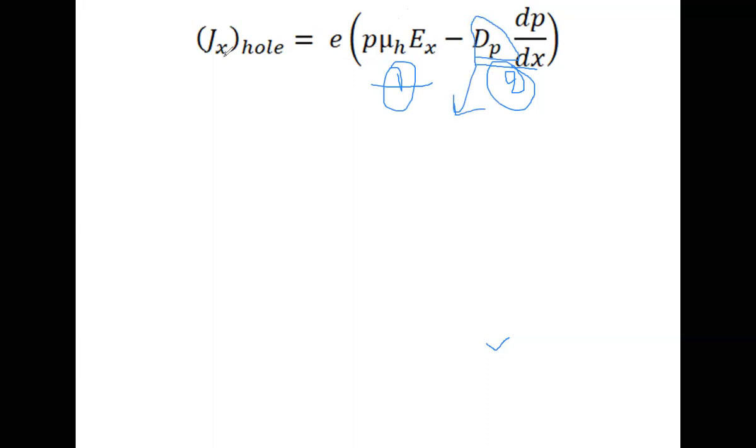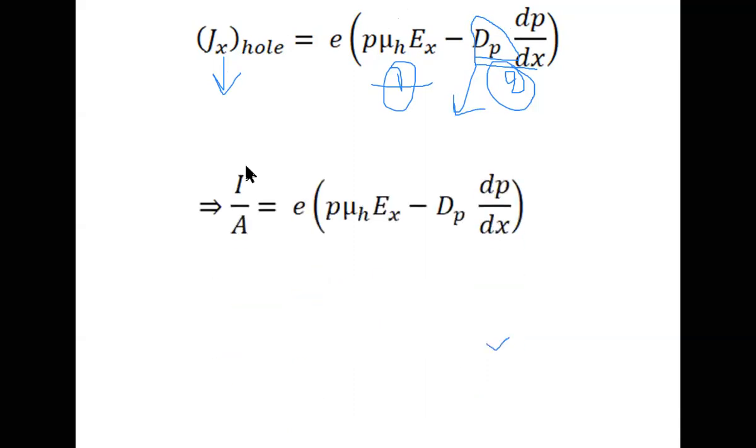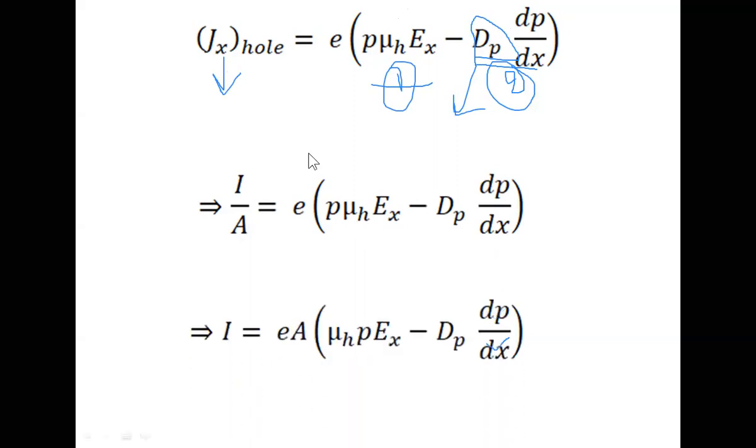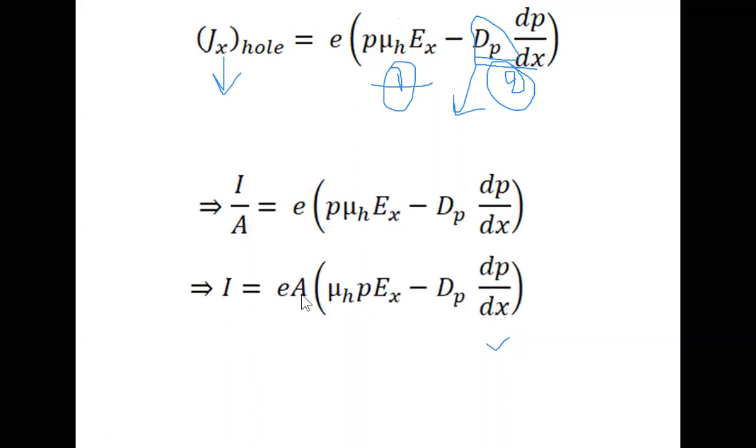Now we are going to write down this current density in terms of current. The expression for current density is given by I by A. Now just take this A to the right side, then you will get I is equal to EA into mu H P Ex minus dP into dP by dx.